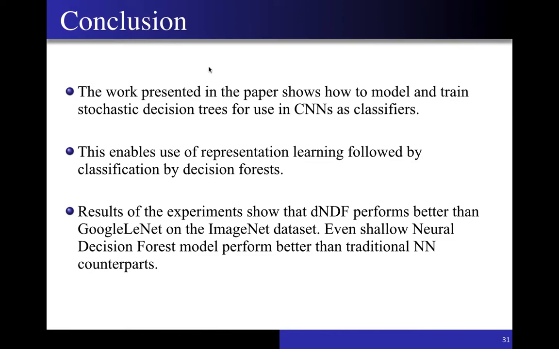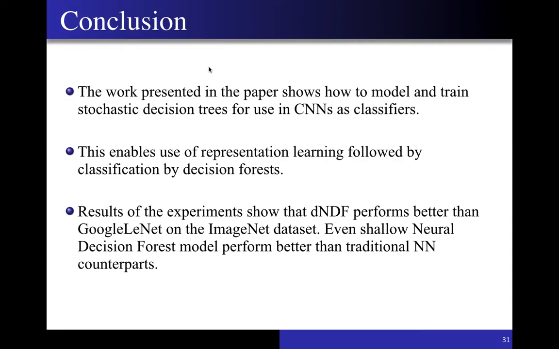The results of the experiments discussed in the paper show that it performs better than traditional CNNs. A comparison was done with GoogLeNet on the ImageNet dataset, and the results were better than GoogLeNet. The experiments with the shallow neural decision forest, which did not have hidden layers, also show interesting results.